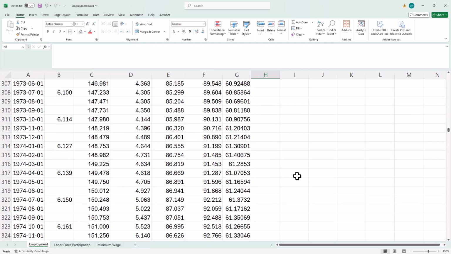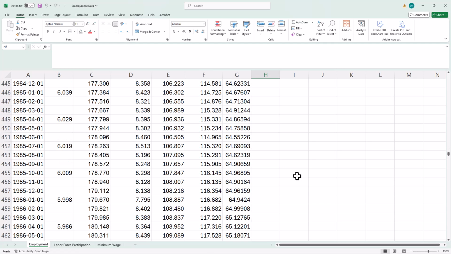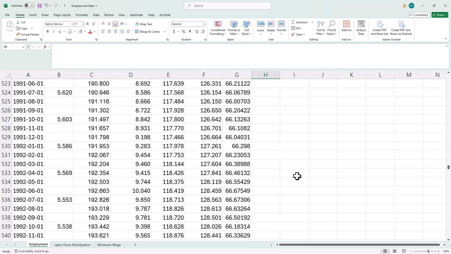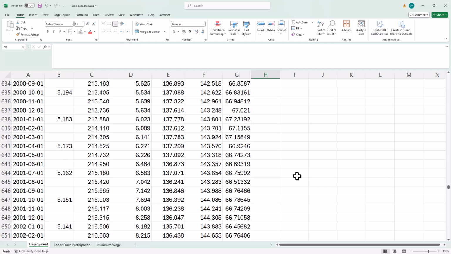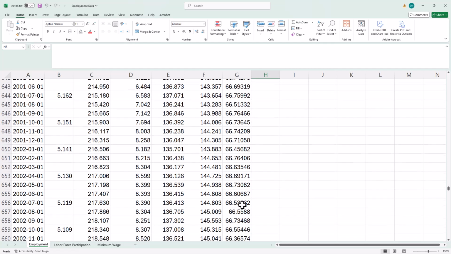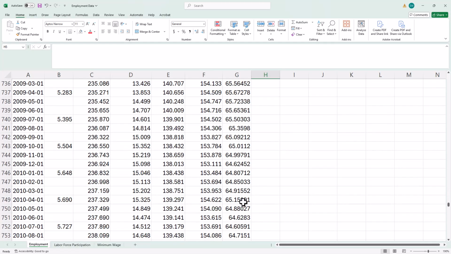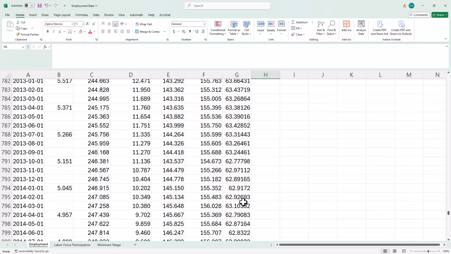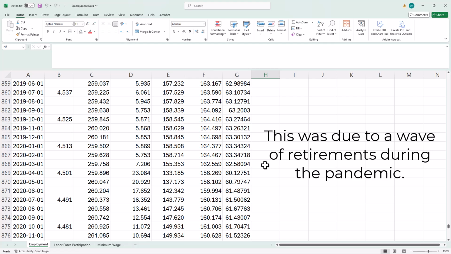Goes up a little bit in the 1970s, through the 1980s, 90s, but then after the year 2000, the participation rate starts to go down, and we can see really one of the most dramatic changes happening in 2020 during the COVID pandemic, where in April it dropped by over 2 full percentage points down to about 60%.